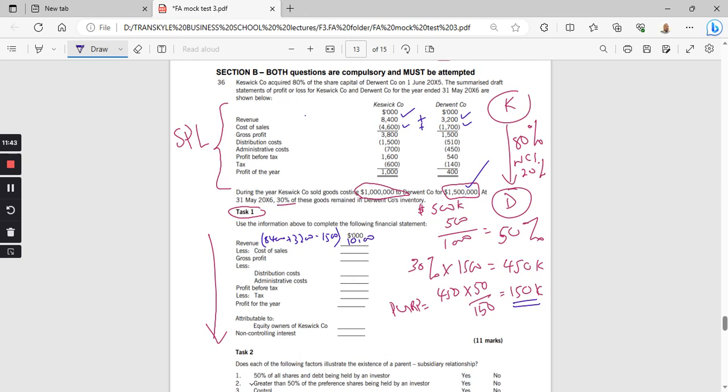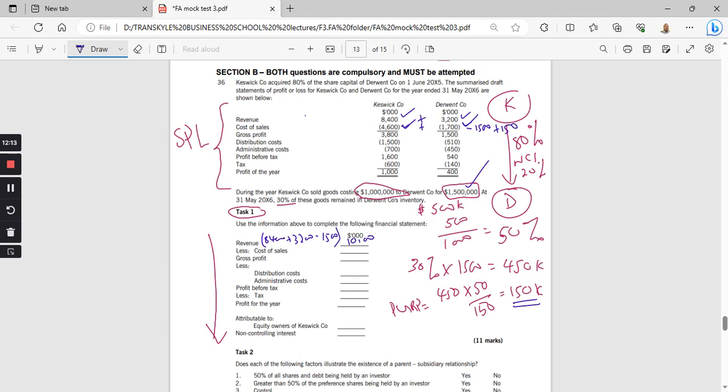Please mind my space, there's no space there to write, so I want you to follow me clearly. I want you to pay attention. I'm saying 4.6 plus 1.7 minus 1.5 plus 150. That's our cost of sales.